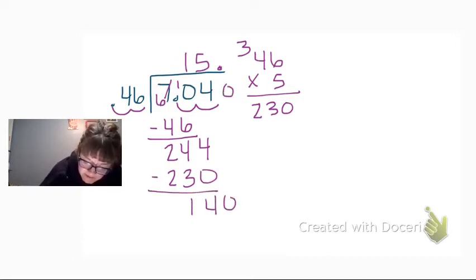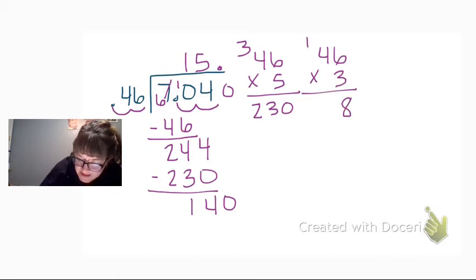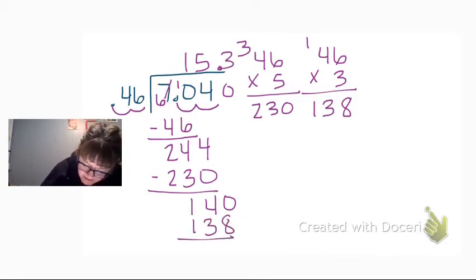Drop a 0. So now 46 into 140. Let's look at 3 times. 3 times 6 is 18. 3 times 4 is 12, plus 1 is 13. So 3 times. And subtract up a 0. 46 will go into 20 0 times.